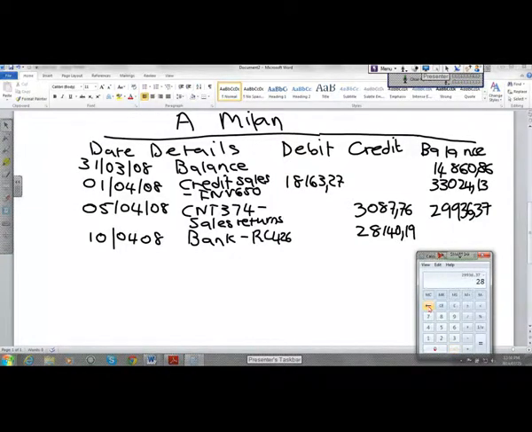Okay, so it doesn't want me to be holding the pen when I do that. So it's 29936.37 minus 28140.